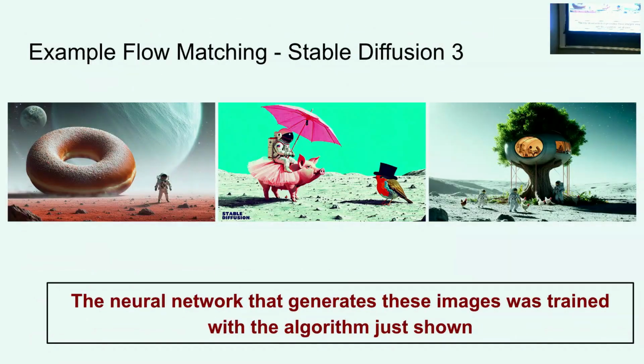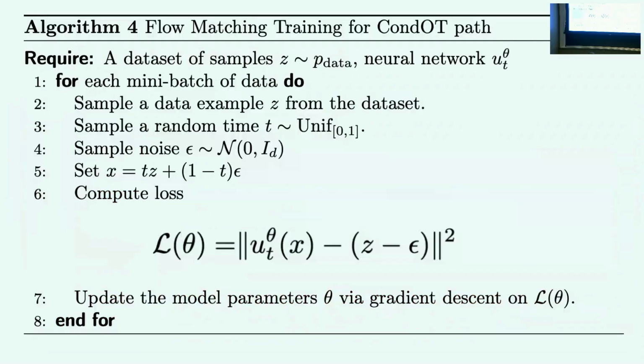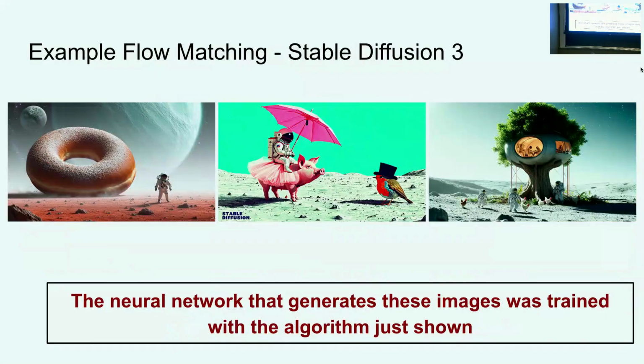In the same way, Stable Diffusion 3 uses the same algorithm. There's a lot of complexity behind it. We've seen this yesterday, but it's somehow hidden in a rather simple algorithm. I think that's really the beauty of this. All right, question?